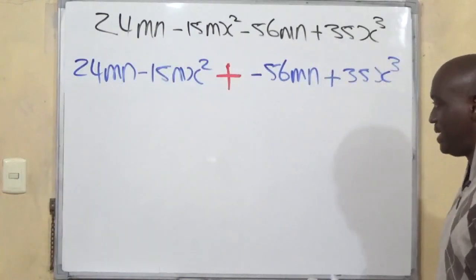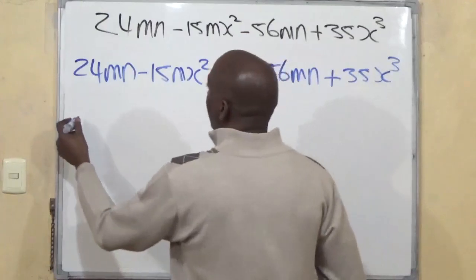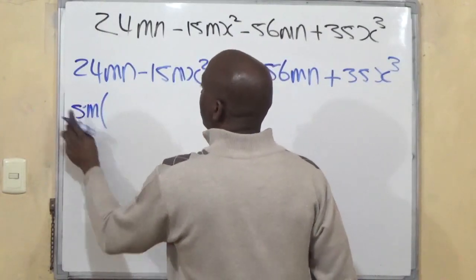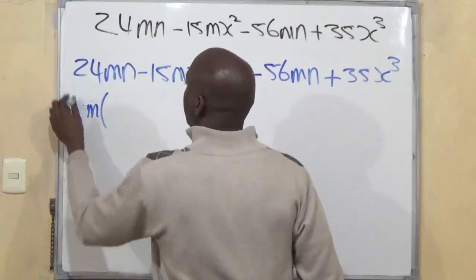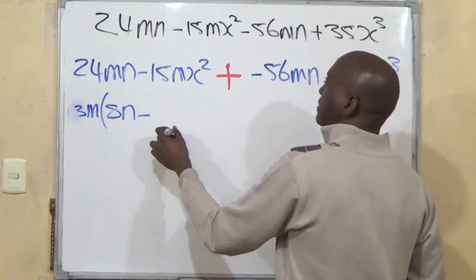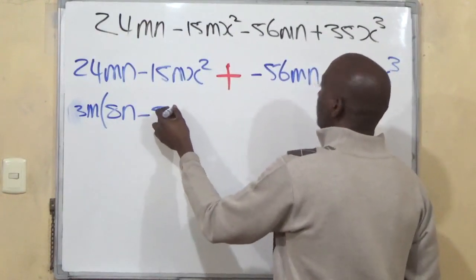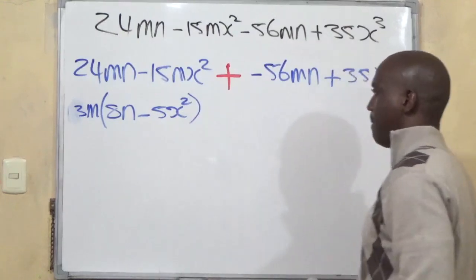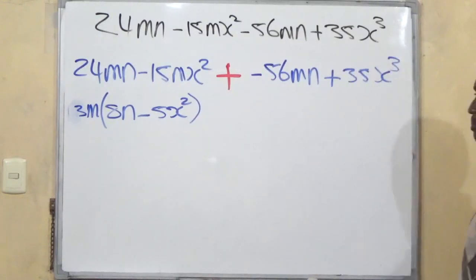Right? So in this case, you will have 3m into 8n minus 5x squared, and then your plus.